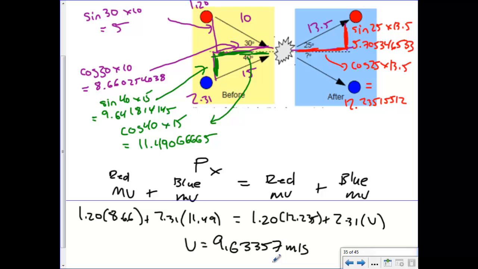I tried to go back in my calculator and use every exact value I could. Did you get something different? Okay, let me try mine again. 1.20 times by that 8.66 number, plus 231 times by the 1149 number, minus 1.20 times by the 12235 number.